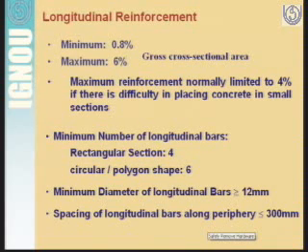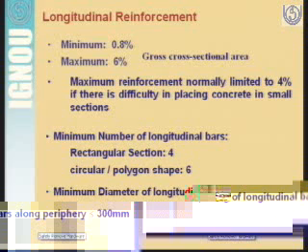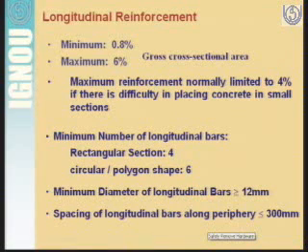And the code also specifies the minimum diameter of these longitudinal bars. The code says that the minimum diameter of the longitudinal bars should not be less than 12 mm. Either it should be equal to or more than 12 mm.